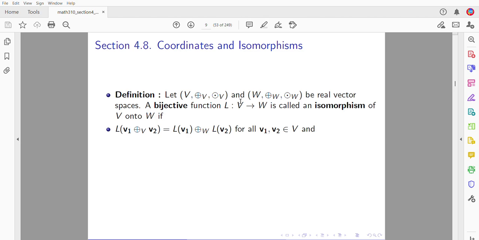So notice L takes a vector from V to a vector in W. So L(v1) is in W, L(v2) is in W. So when you add these two vectors, you are using the vector addition of W, because L of v1 and L of v2 are in W, whereas v1 and v2 are in V. So these two vectors v1 and v2 are added using vector addition in V. Likewise, L of r ⊙ v, this ⊙ is the one in V, r ⊙ L(v) is in W.